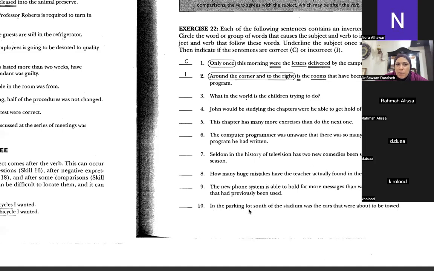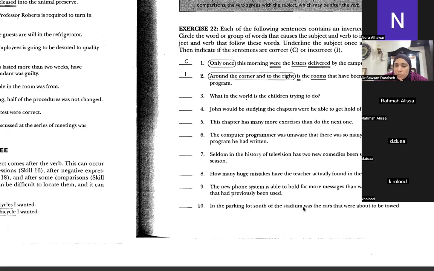In the parking lot, يعني في الباركينج مكان اصطفاف السيارات. In that place, south of the stadium, اللي موقع هذا الباركينج. Stadium is where football games and other stuff take place, that's called a stadium.